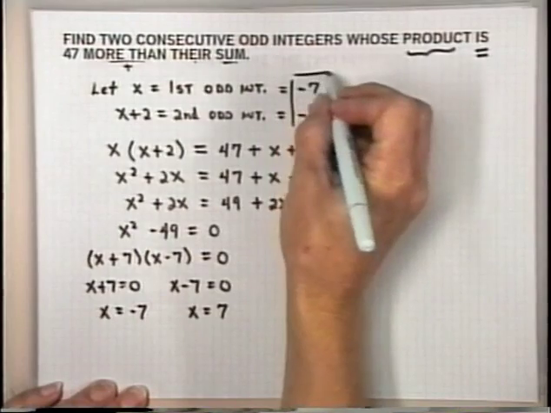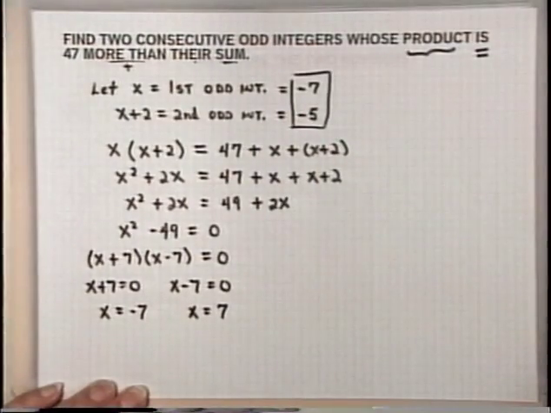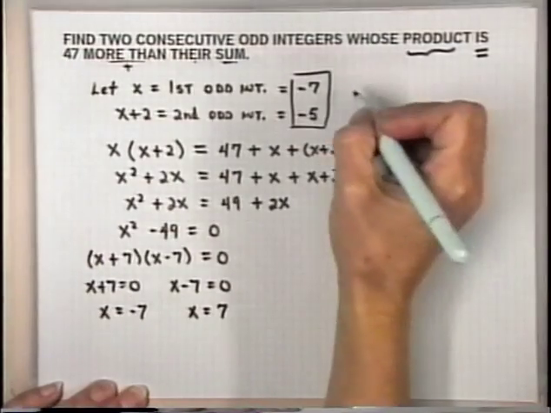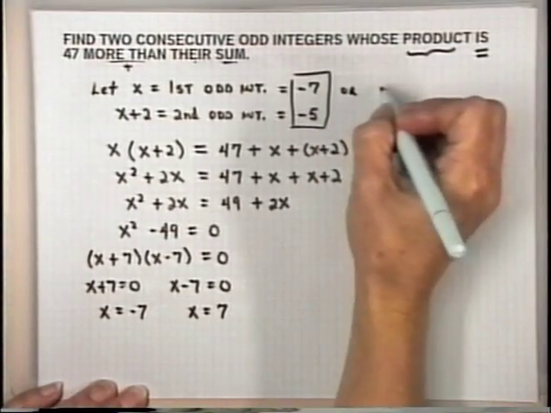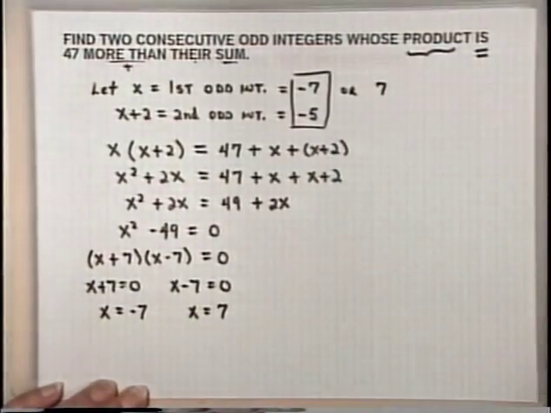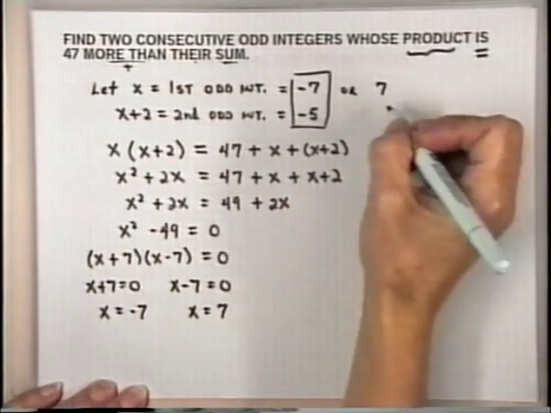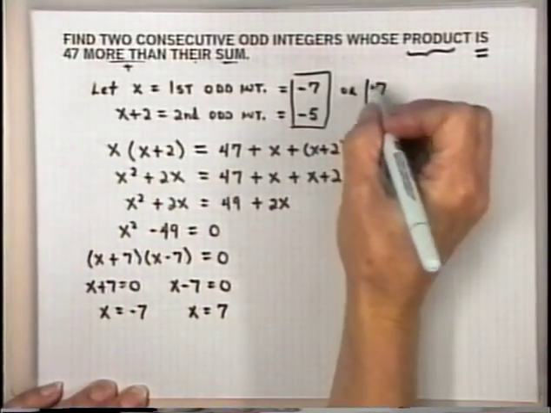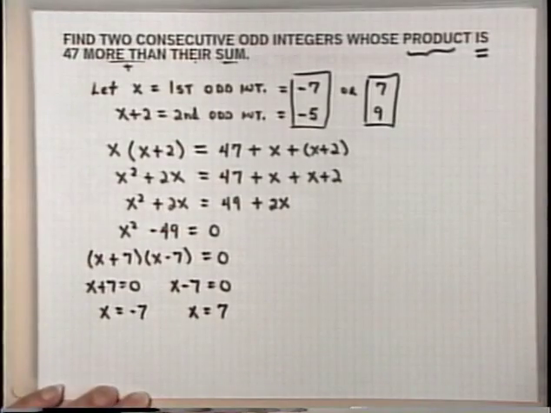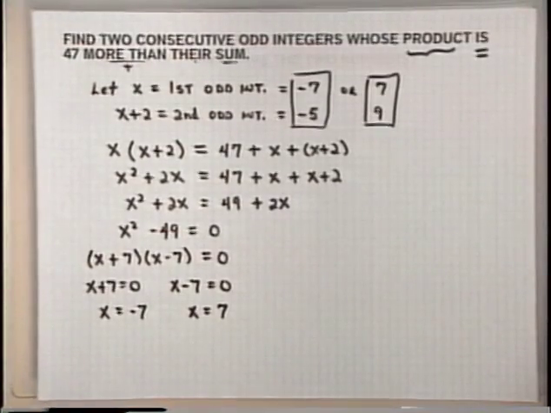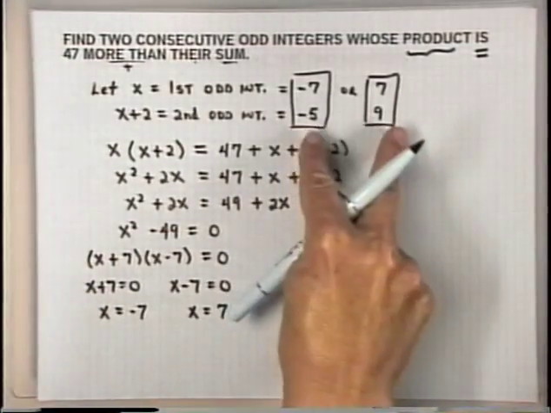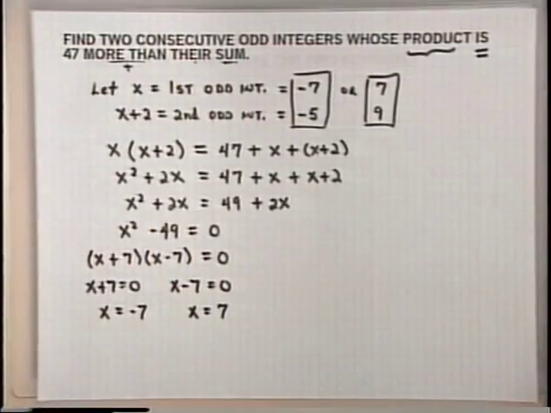So we have one possible combination of two consecutive odd integers here. Our second choice is a positive 7 for x, and then 7 plus 2 would give me a 9 for the second possible pair of odd integers.